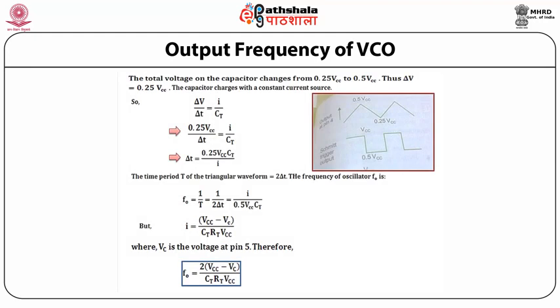The total voltage on the capacitor changes from 0.25 VCC to 0.5 VCC as shown in this figure. Thus, delta V is equal to 0.25 VCC. The capacitor charges with a constant current source. So, delta V by delta T equals I by CT, which implies 0.25 VCC divided by delta T equals I by CT.